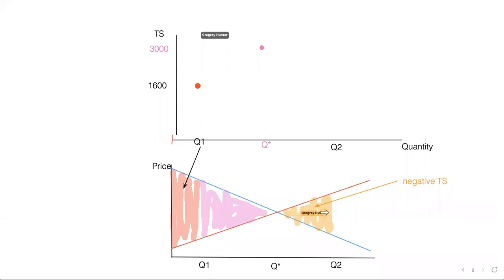If I plotted that, it would be below 3,000, at $1,800 worth of total surplus.